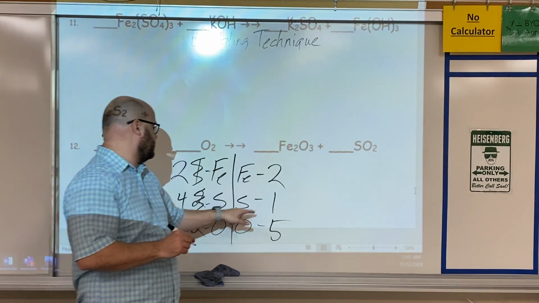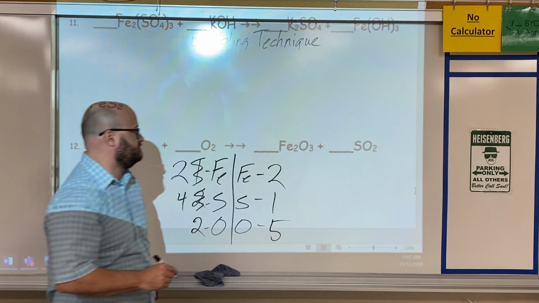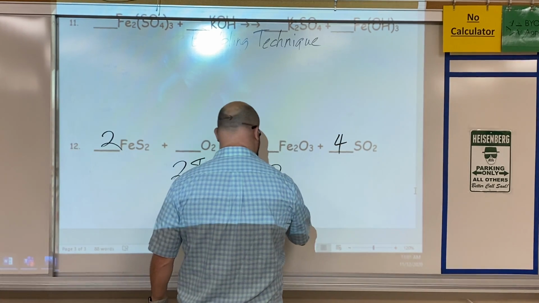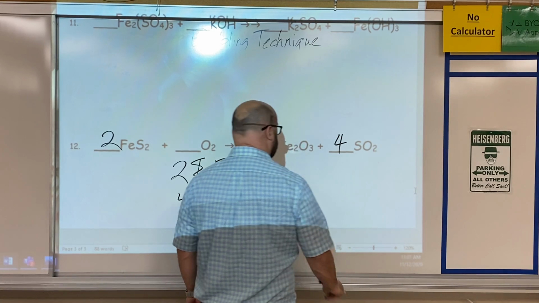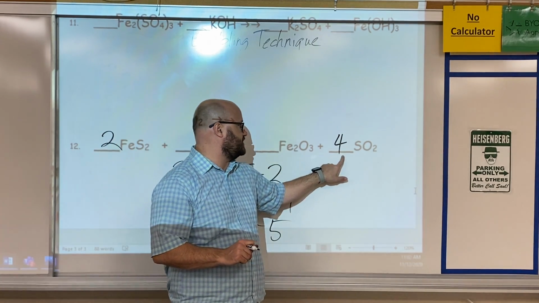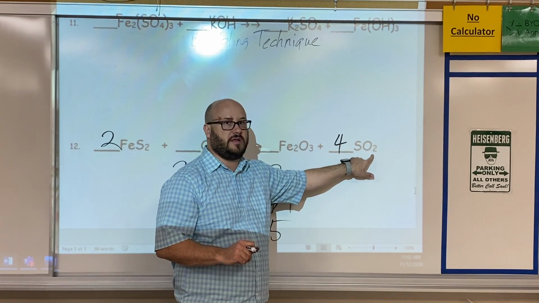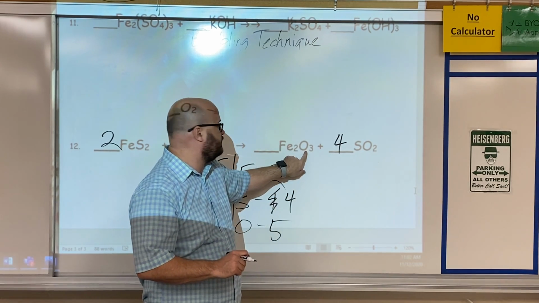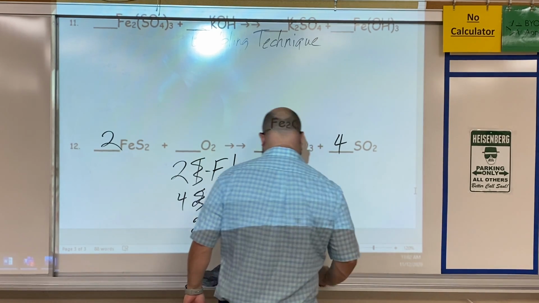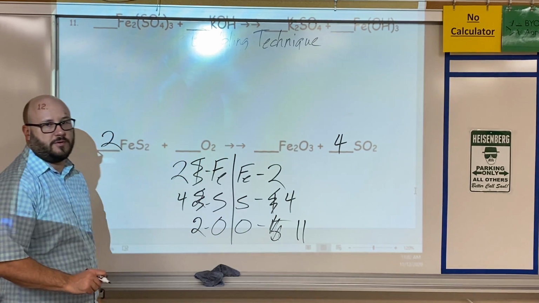We want to make sulfur 4. It's a 1, so we're going to add a coefficient of 4. So that makes sulfur 4, but it's going to change oxygen to 4 times 2 is 8, plus 3 is 11. There's that stinky odd number again.